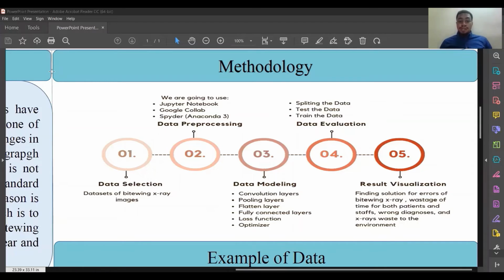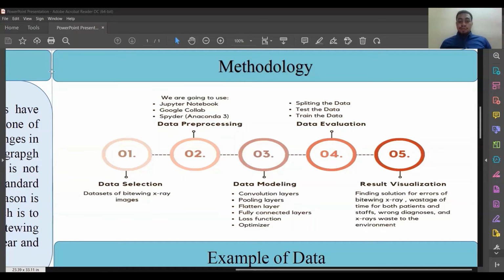After collecting the data, we are going to do some preprocessing steps using Jupyter Notebook, Google Colab, or Spyder, Anaconda 3. Then we will clean the data, for example removing duplicates, and also remove the images or data that we are not going to use later.